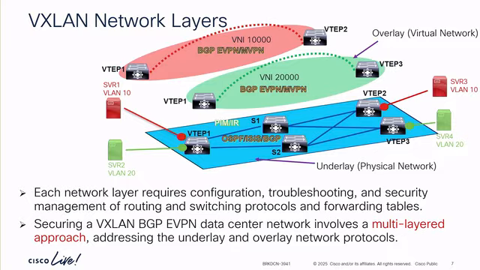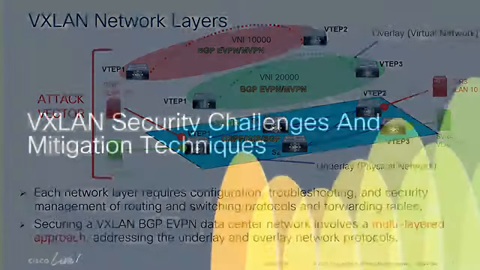So we need to consider that we need to manage, operate, troubleshoot, and secure both the underlay and the overlay. So we need a multi-layered approach when we look at securing the VXLAN BGP EVPN infrastructure. So basically what happens, the underlay and overlay is the attack vector for any threat actor.